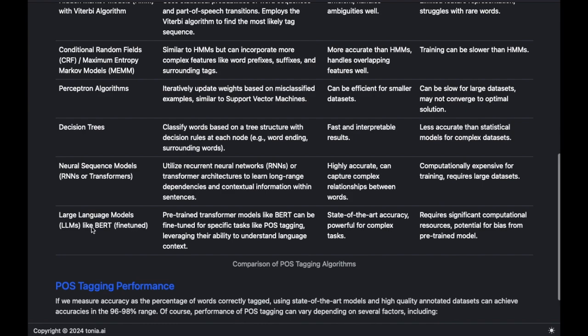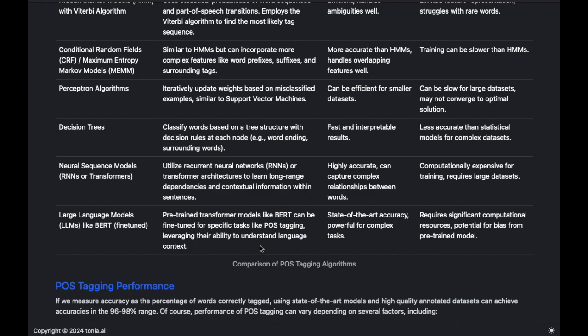Fortunately, we have large language models, like BERT, for example, and they can be fine-tuned for this purpose. Here we use pre-trained transformer models and then fine-tune them for the specific task of part-of-speech tagging, which leverages the ability of the large language model to understand the language context.